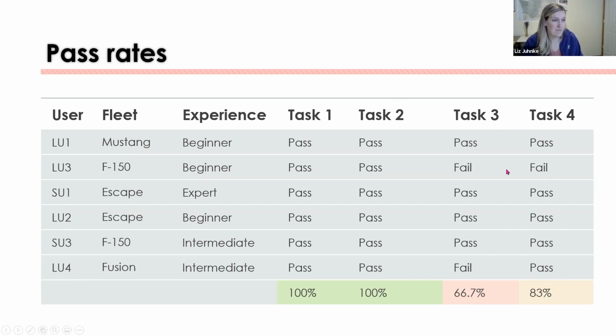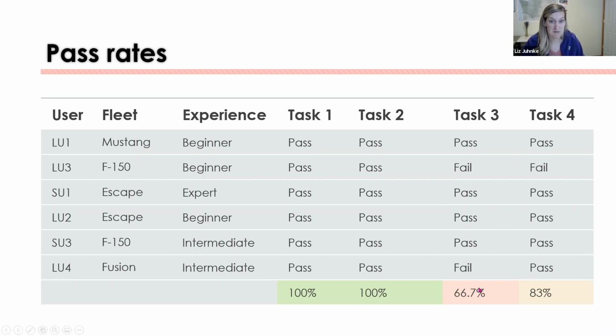But what I was trying to highlight in a past research study was who specifically was failing. Was it for a specific fleet? Was it a type of experience? So I was trying to do a little more analysis than just task three was the worst, but you should be able to see very clearly which one didn't do well.